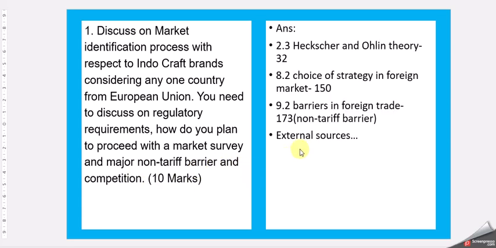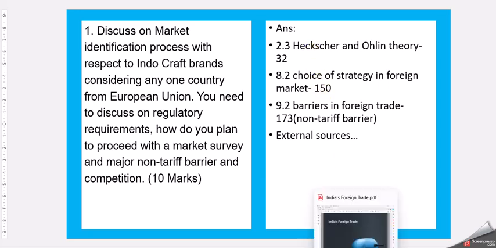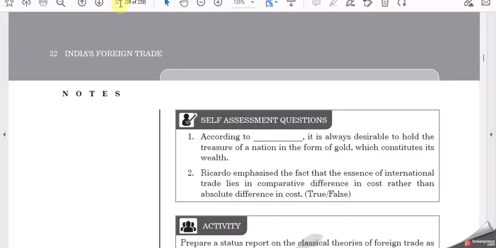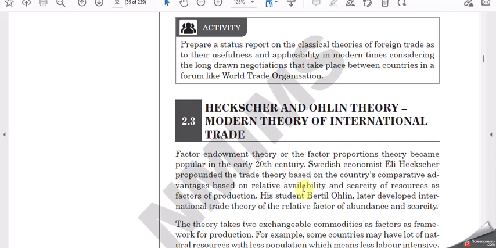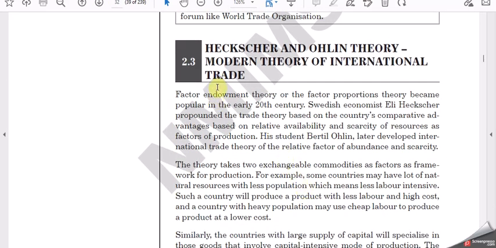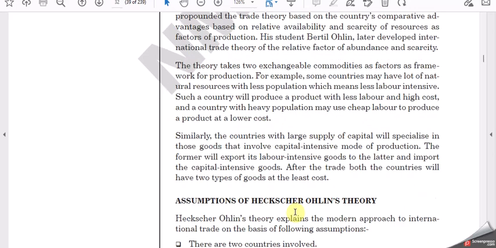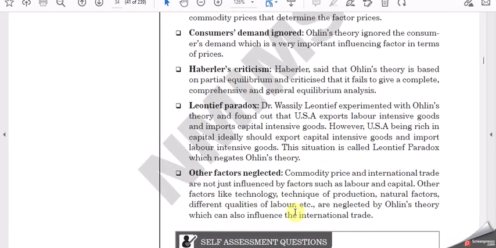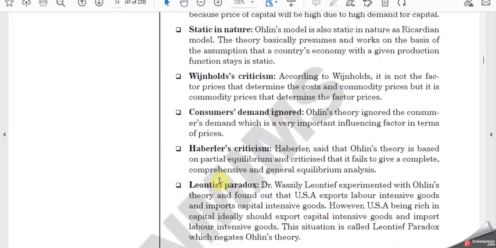Okay, so the first one we can see in chapter 2, page number 32, modern theory for international trade. So you can get a little information from these theories.